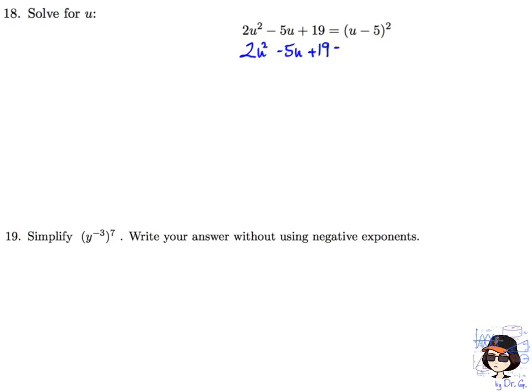So the left side I'm leaving alone. The right side is u squared minus 10u plus 25. So now let's get everything over on the left so that we get a 0 on the right, because we want to use either the quadratic formula or factoring.